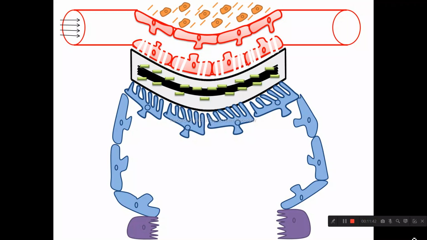On top of that, special negatively charged molecules are present not only in the glomerular basement membrane, but also on the endothelial cells, as well as on the epithelial cells. And these negatively charged molecules as a group are known as sialoglycoprotein.